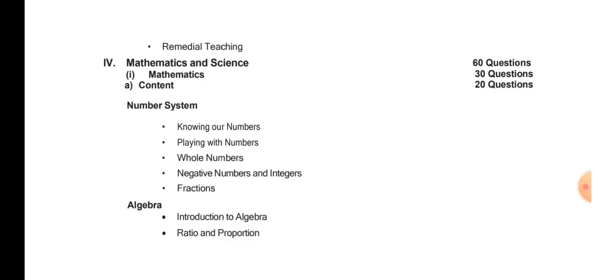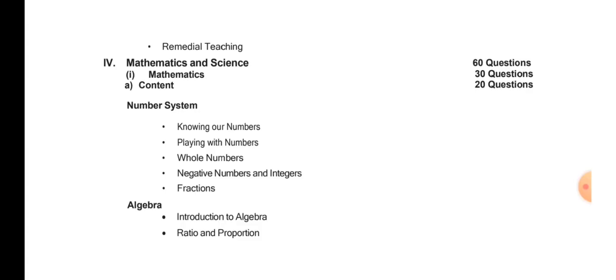Now let's see number 4, that is mathematics and science. See, here I have taken the example of mathematics and science. It can be social science as well. Since I belong to a mathematics background, I have taken mathematics and science.